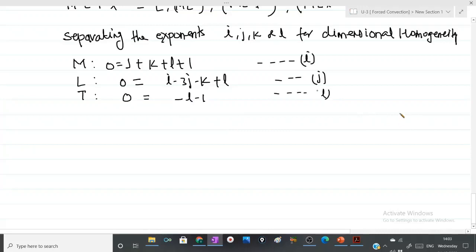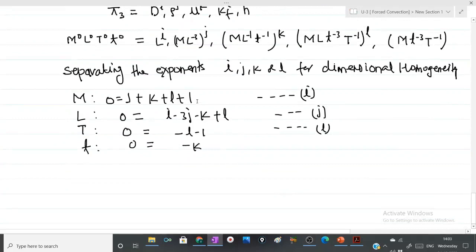Let us say this is equation number K. And finally, for time t, 0 is equal to minus k minus 3l minus 1. Minus 3, sorry, minus equation number K and this equation number L.